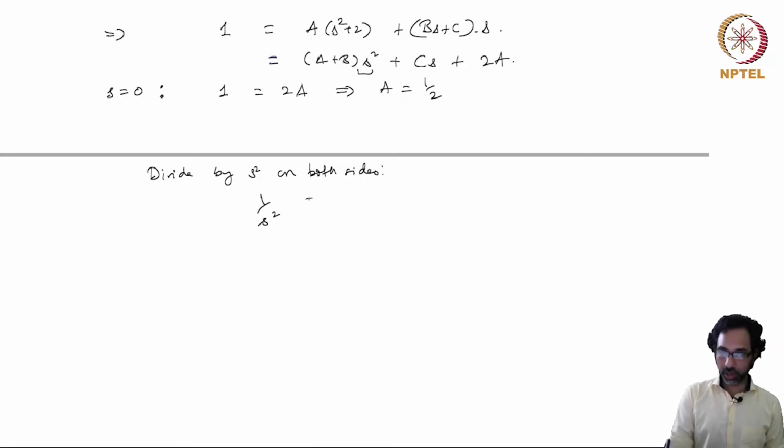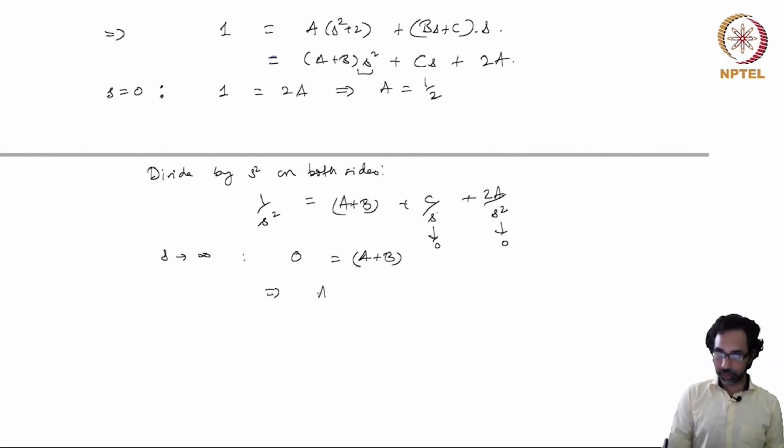You get 1 over s squared equals A plus B plus C over s plus 2A over s squared. Now let s tend to infinity. On the left side you get 0, and on the right side you only get A plus B, because both these terms go to 0 as s goes to infinity, which implies that A equals minus B, which implies that B equals minus half.